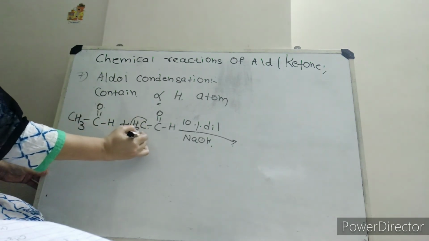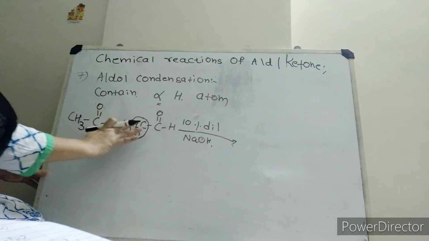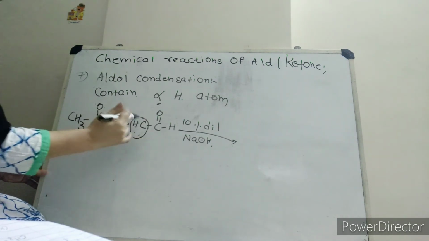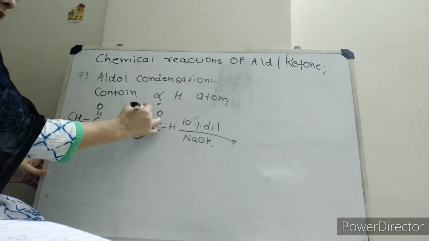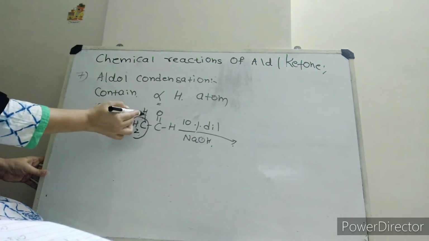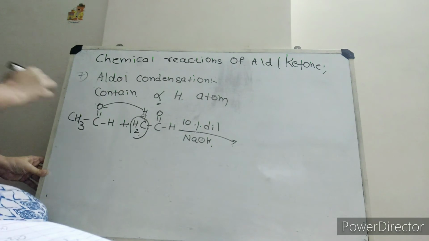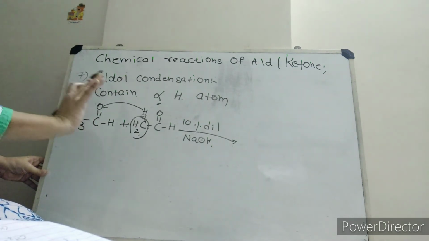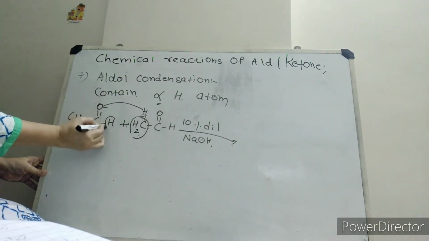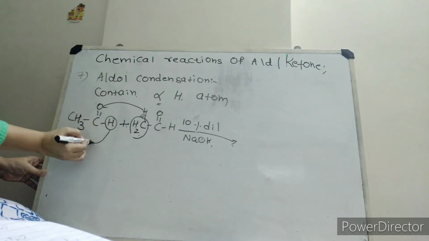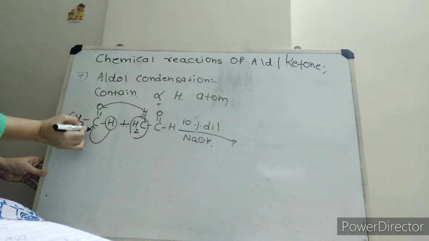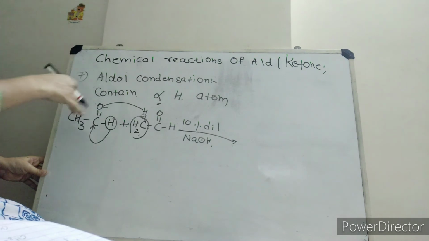Out of these 3 hydrogens, we can write it this way also. This hydrogen is combined with this oxygen, so the double bond is removed to form a single bond, and this hydrogen is attached to this carbon from the lower side.